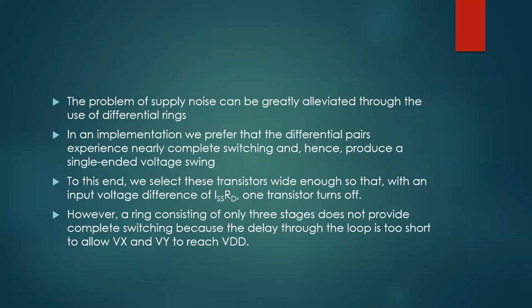However, a ring consisting of only 3 stages does not provide complete switching because the delay through the loop is too short to allow Vx and Vy to reach VDD.